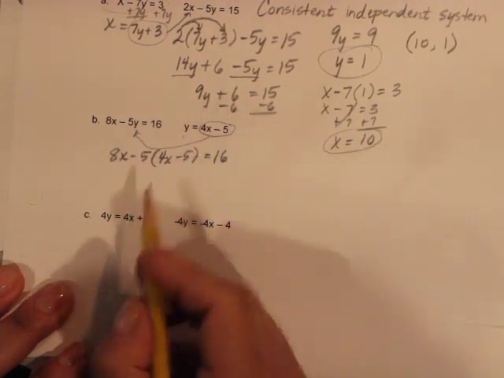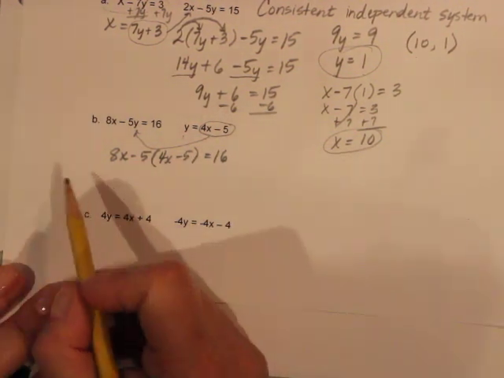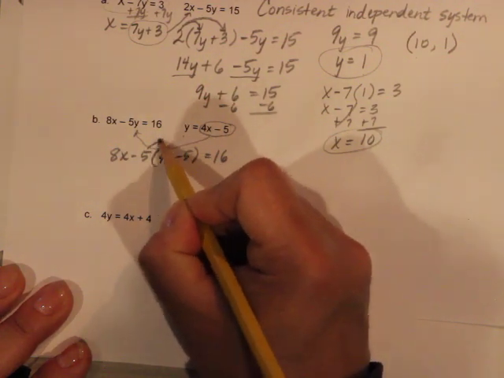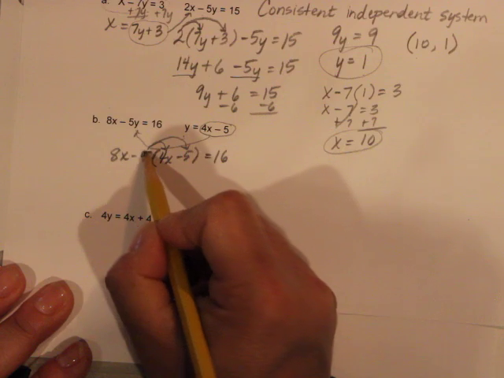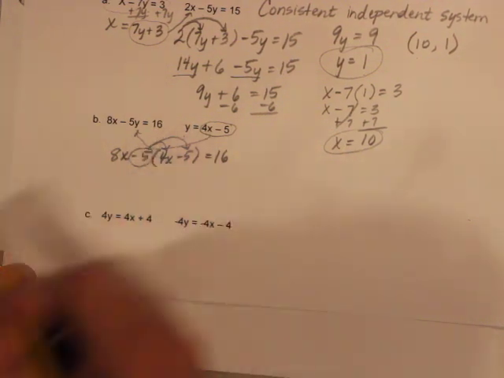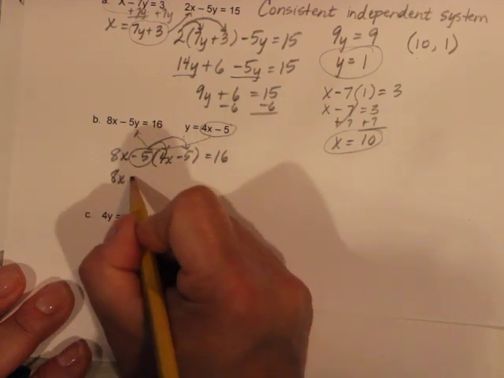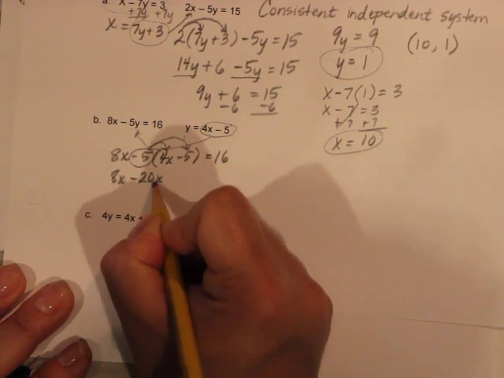equals 16. Do the distribution before you combine any like terms. So multiply here and multiply here. Remember that this is a negative 5. Here we go. 8x minus 5 times 4x is minus 20x.